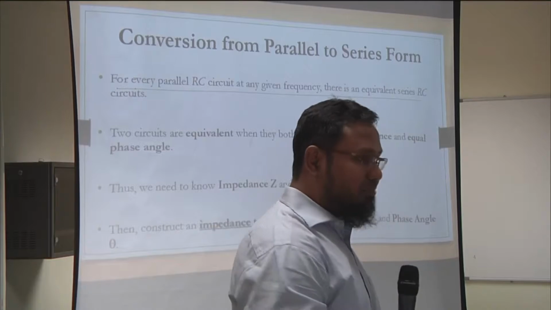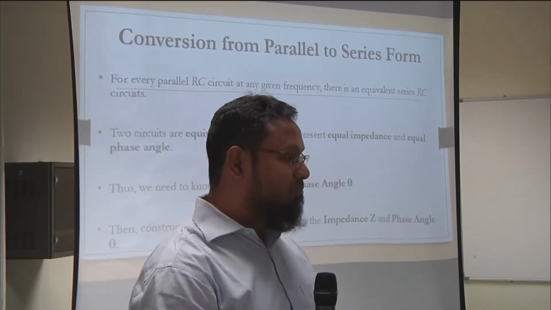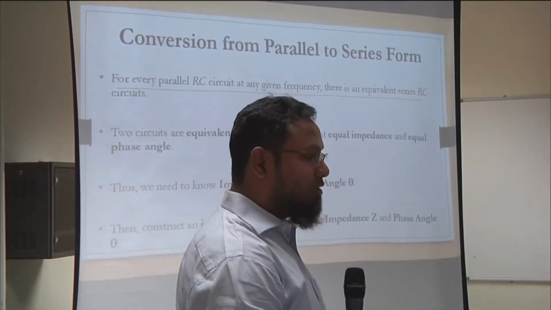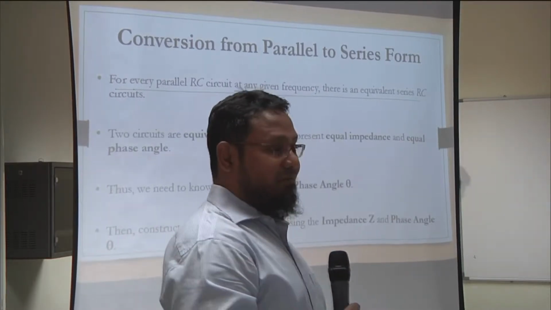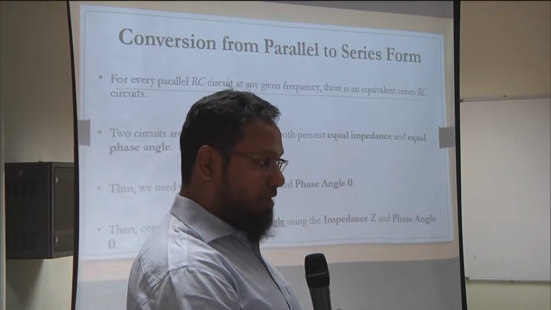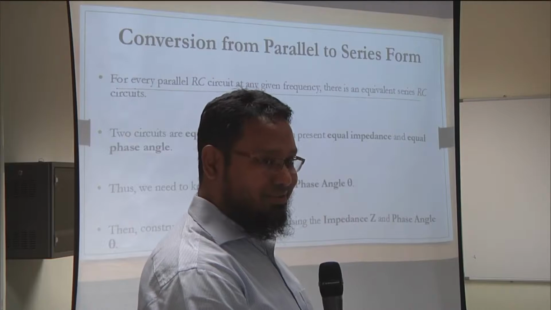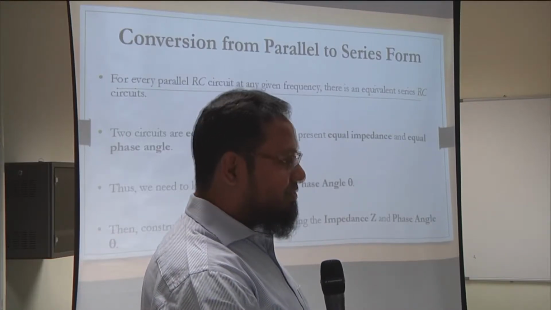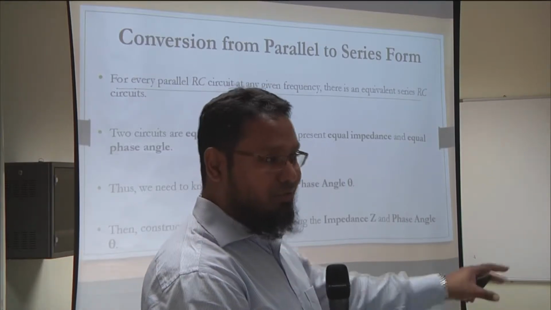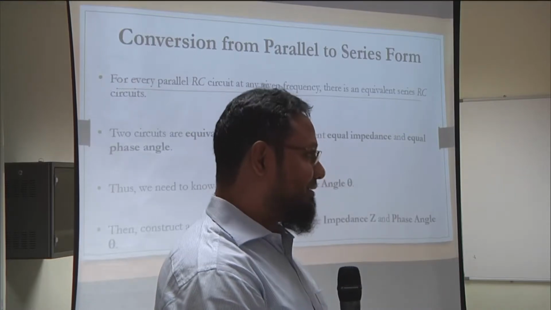in rectangular form, that is going to be a complex number, right? Plain and simple. It's a complex number, or if you represent it in polar form, that's going to be in polar form. So if you have the equivalent impedance in complex form, that means that's going to have a real part and an imaginary part, right? Once you have a complex number with a real part, that real part you can represent as a resistor.